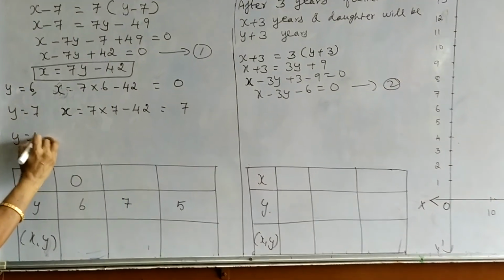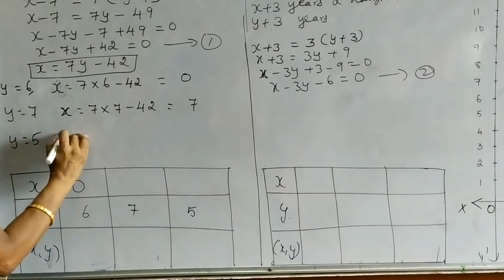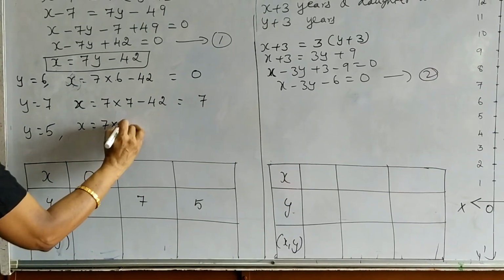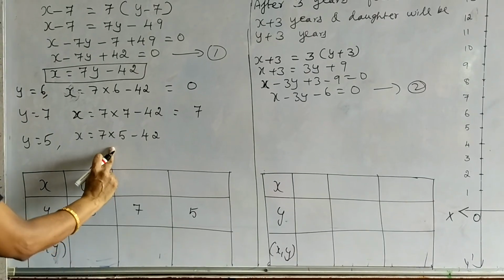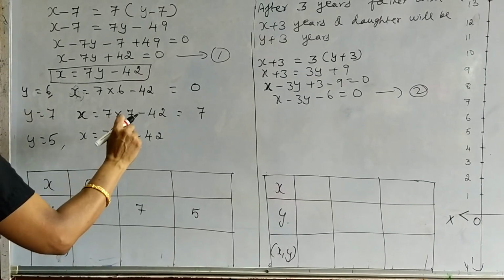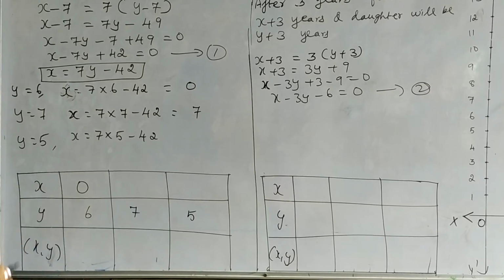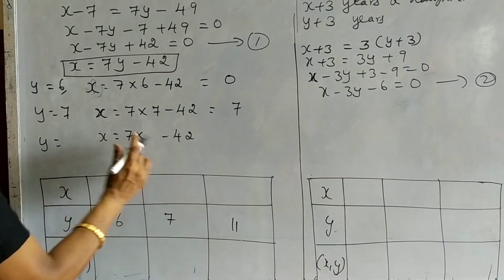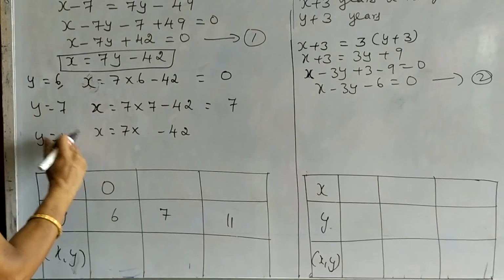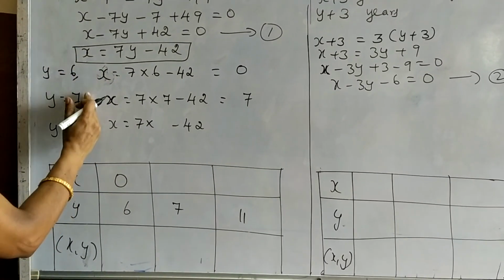Then I take y is equal to 5. The corresponding value of x is 7 into 5 minus 42. So it is 35 minus 42. Next is y is equal to 11. Any 3 random values we can take as per your convenience. No need of taking only the 3 which I have taken.